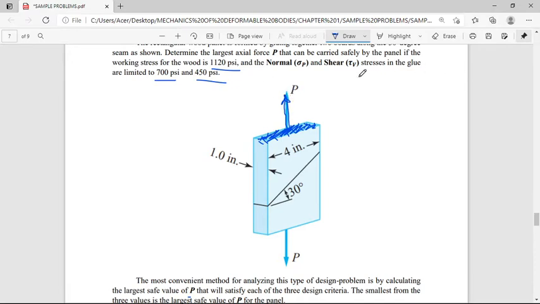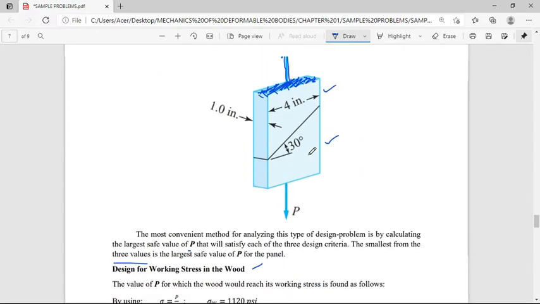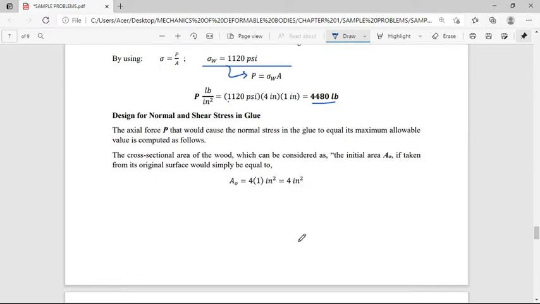Since we also consider the normal and shear stress at the seam, where the two portions of our wood are joined, in problems like this. Because if you see, this is the explanation. The actual force P that would cause the normal stress in the glue to equal its maximum allowable value is computed as follows.